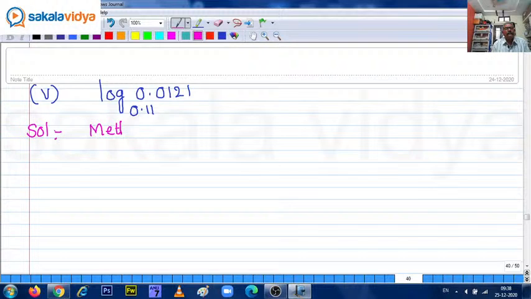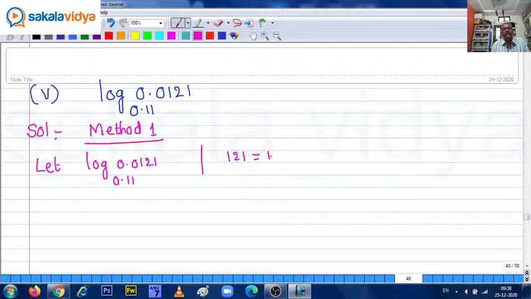Method 1. Let us say log 0.0121 to the base 0.11. See, this 121 is nothing but 11 square, 11 into 11.